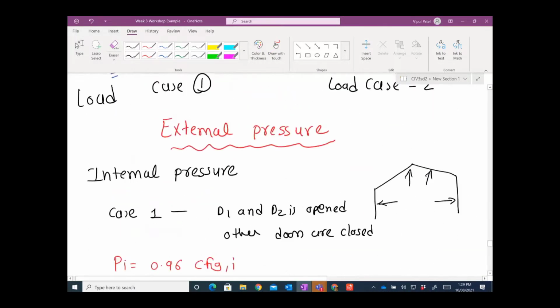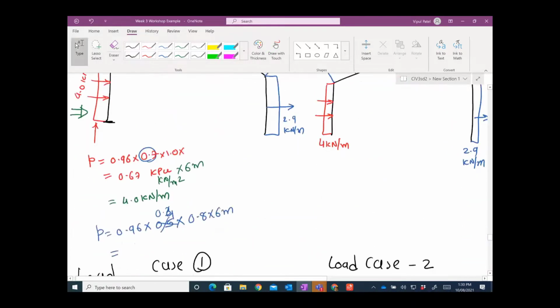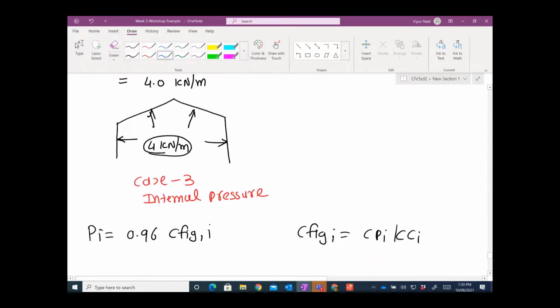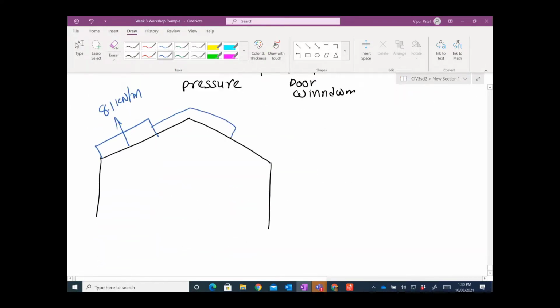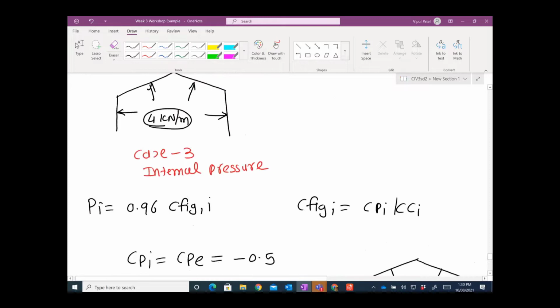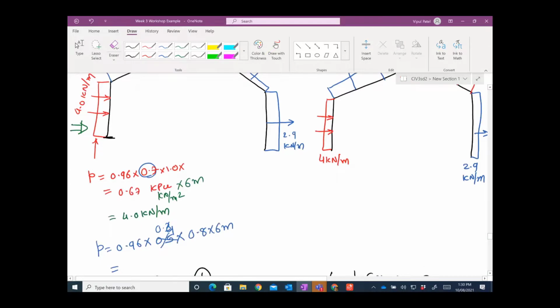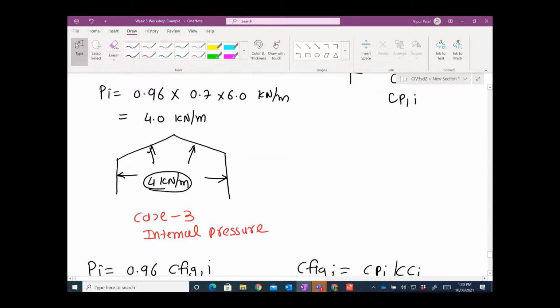Now you have 2.3 and the pressure is 4, so 6.3. So all the way to here is 6.3. Let's put, for completeness, 0 here and 6.3 here. And then case number 1.4 is pulling, and from inside is also 4 pushing that way.